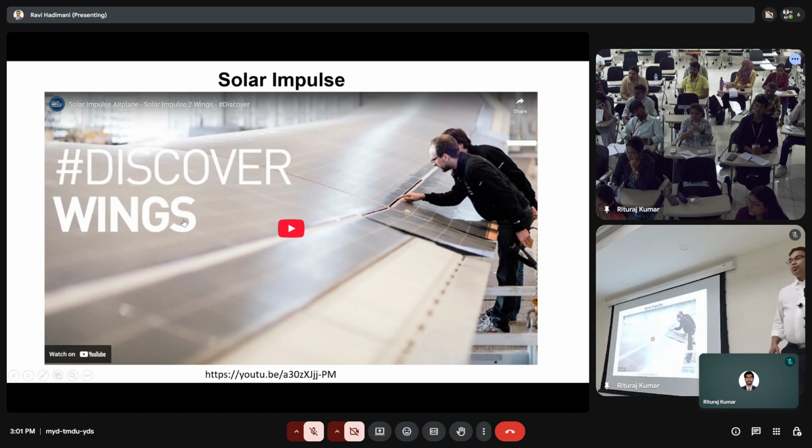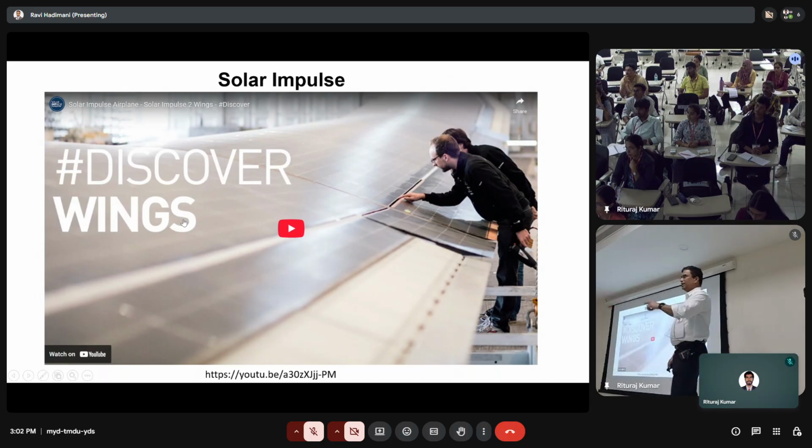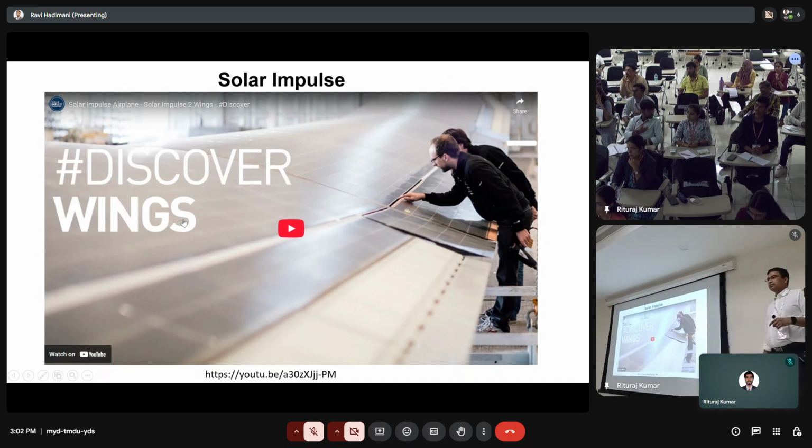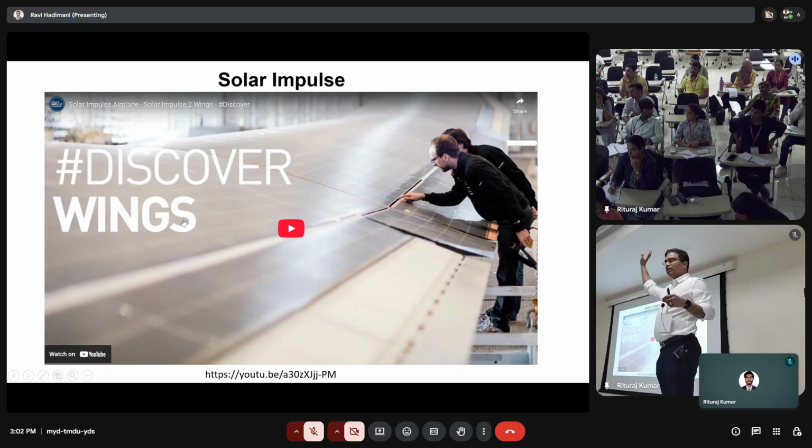So where else do you see composites? Okay, Formula One car we talked about, aircrafts we talked about. Where else do you see composites? Yeah, wind turbine blades are composite materials. They're so big, especially the offshore ones that are in the sea.